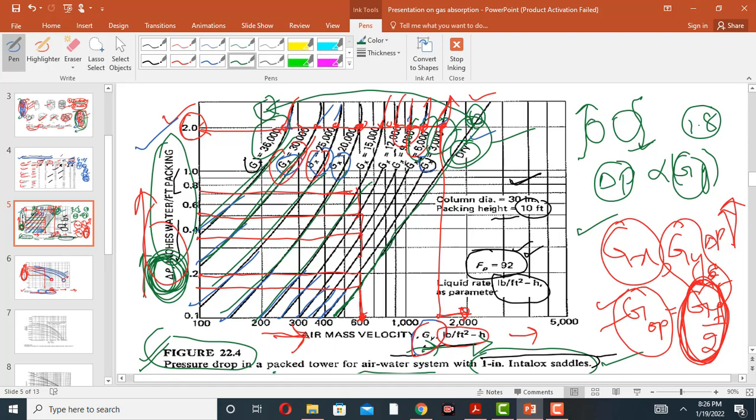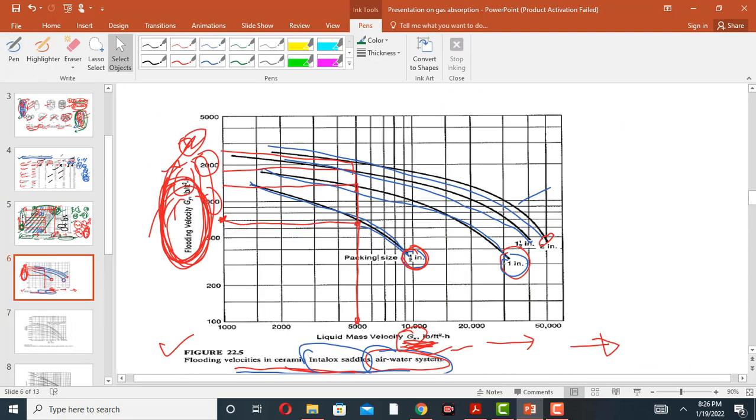Gx value here is 0, here is 36,000. So when we increase the Gx value, the Gy value decreases in this direction, which is shown in this graph.